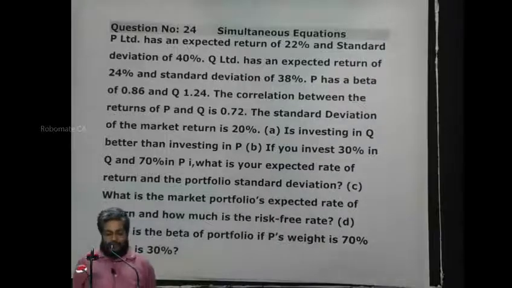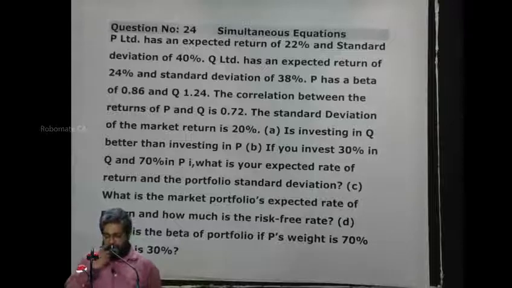Q Limited has an expected return of 24%, standard deviation of 38%. P has a beta of 0.86, Q 1.24. Correlation between the securities P and Q is 0.72. Standard deviation of market return is 20%. He is investing in Q better than investing in P.